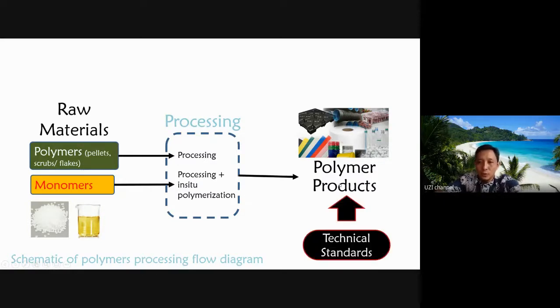To produce a polymer product, it has to comply with technical standards. For example, the standard for food grade materials, the NSF standard from America, and our country also has SNI, the Standar Nasional Indonesia.